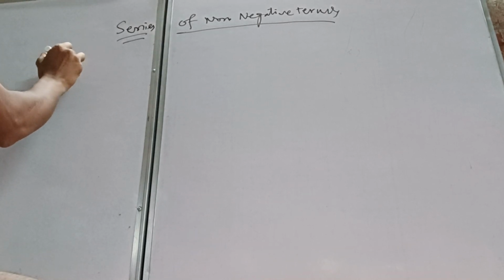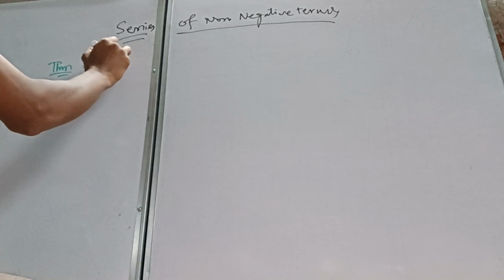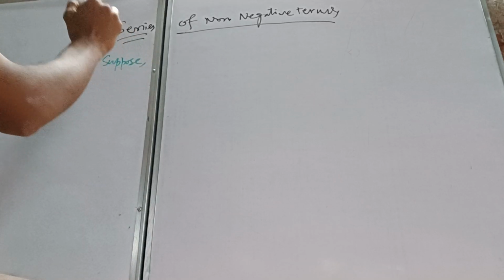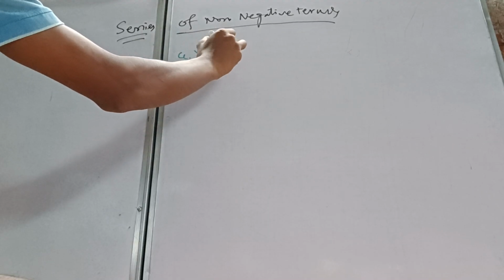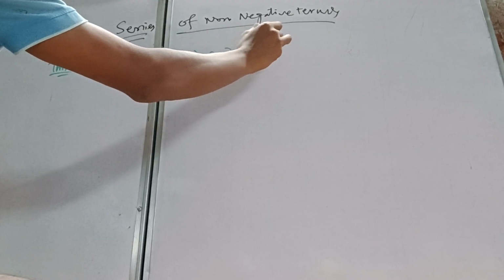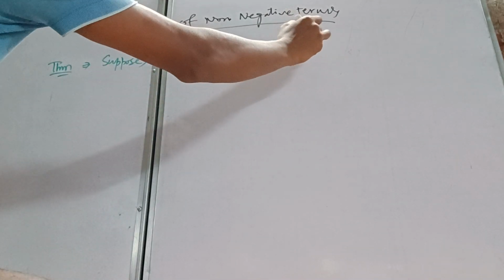Here we write this statement. Theorem: suppose a1 greater than or equal to a2 greater than or equal to a3 dot dot dot greater than or equal to 0.